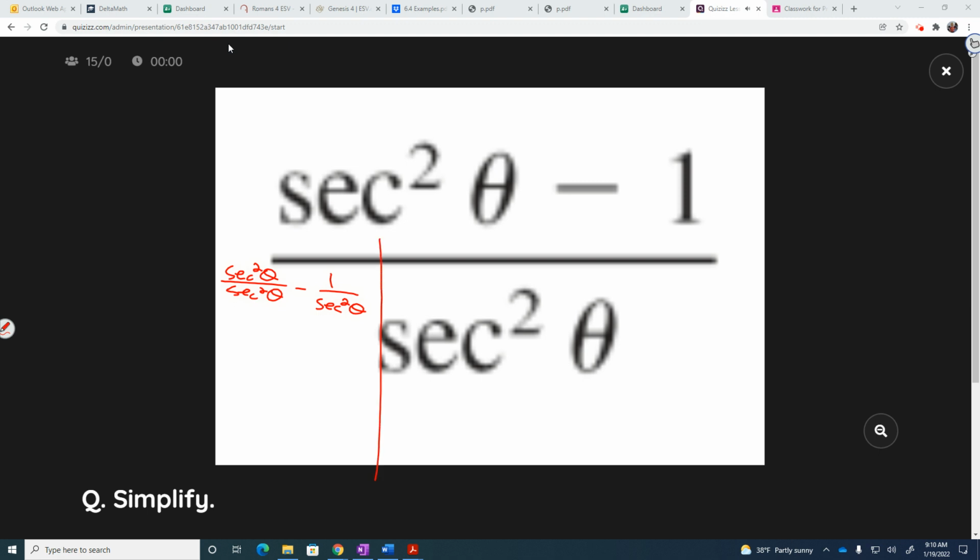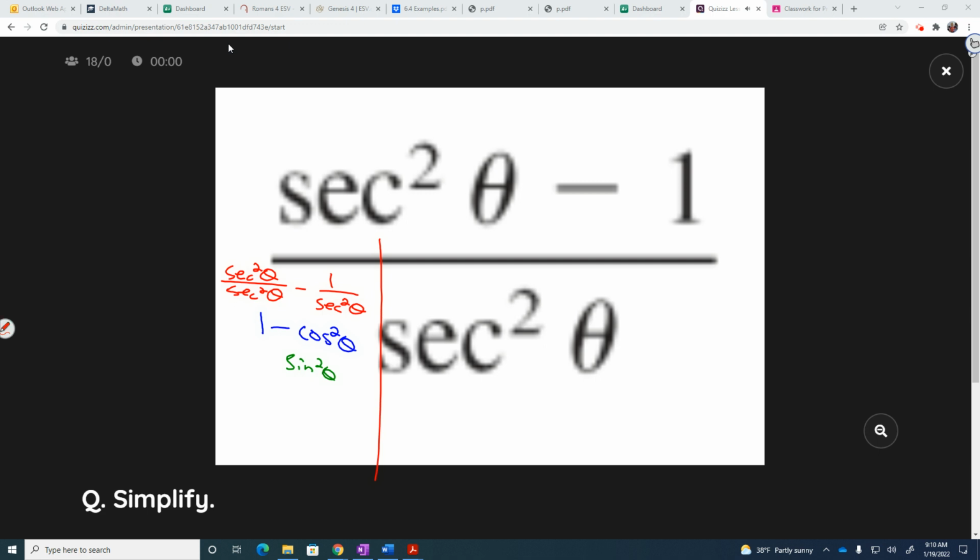It's not the only way, right? But there's another way to do it. This then just becomes 1, the same thing of itself. 1 minus 1 over secant squared would be the same thing as 1 minus cosine squared. 1 over secant is cosine. And then 1 minus cosine squared would be equivalent to sine squared. So that would be one way to do it.